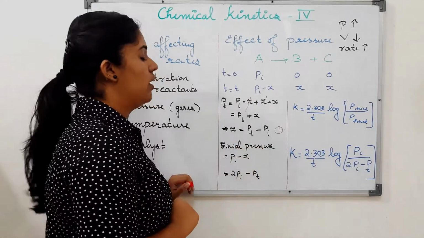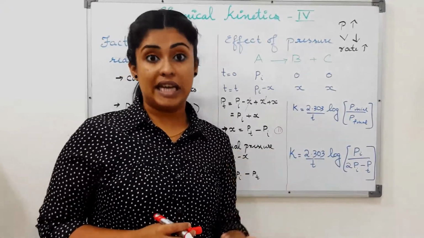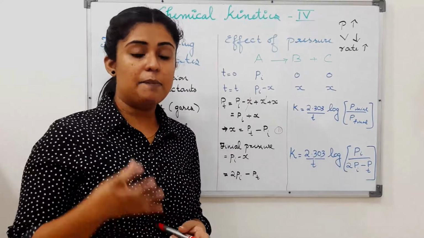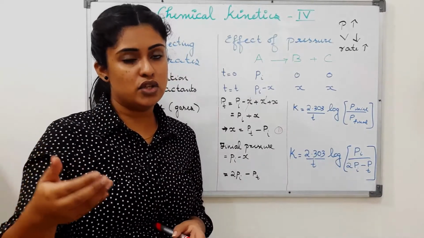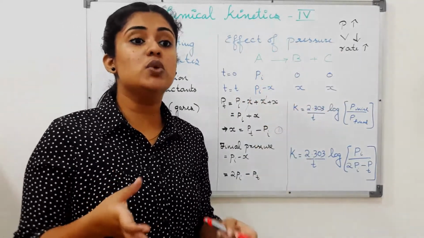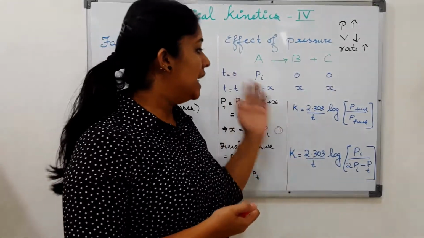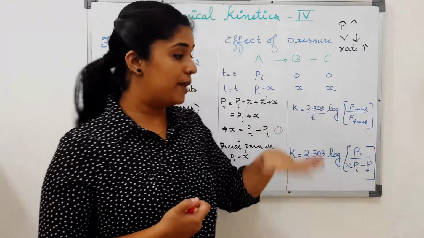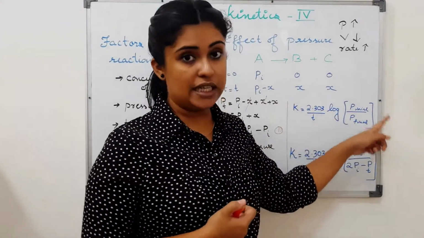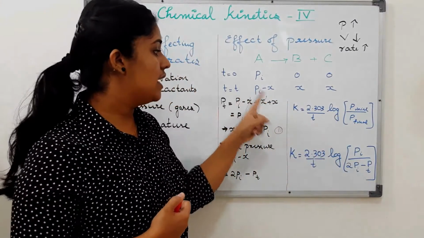Now we know that for first order reactions, the integrated rate law in terms of concentration was K equal to 2.303 by t log initial concentration by final concentration. Now that we are considering the pressure factor, we need to replace these concentration terms with pressure terms. So the integrated rate law for first order in terms of pressure can be K equal to 2.303 by t log initial pressure by final pressure.